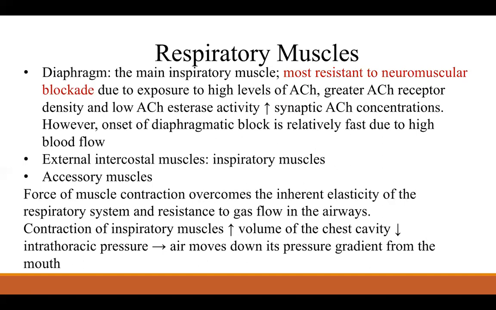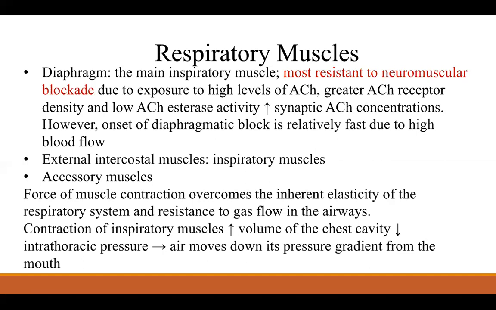However, during forced breathing, air has to be forced out of the lungs. In order to do that, you may use another set of muscles that would make the chest cavity narrower and decrease the volume so that the pressure goes above and beyond normal thoracic pressure. So that is where you may want to think about internal intercostal muscles.